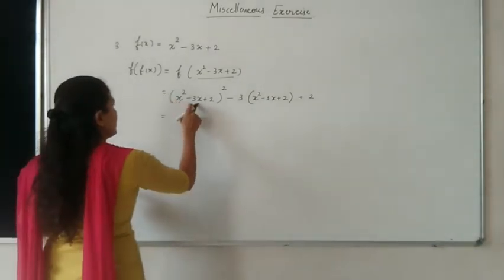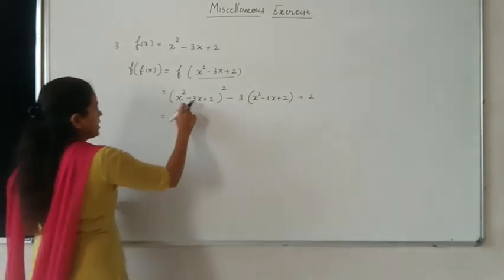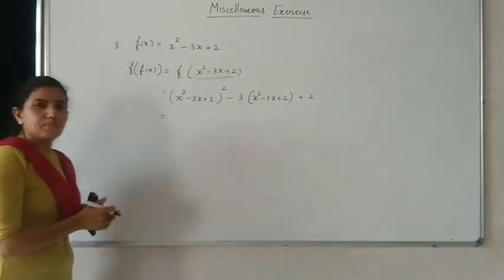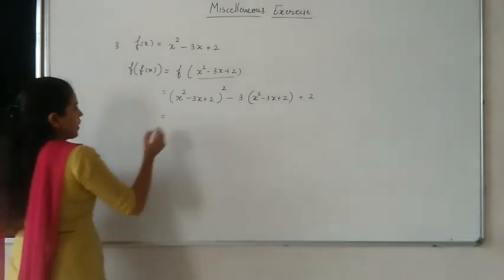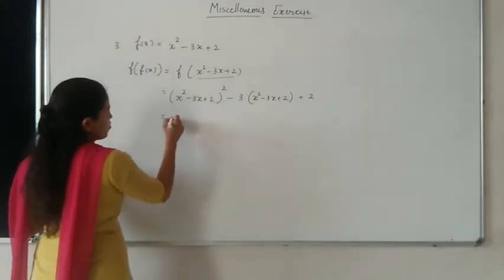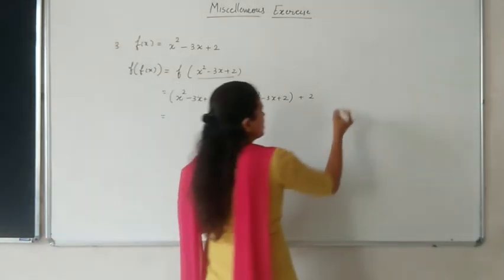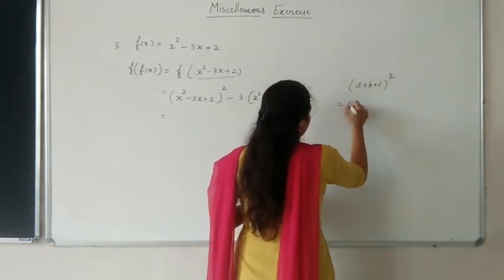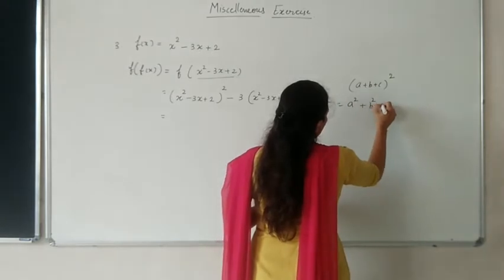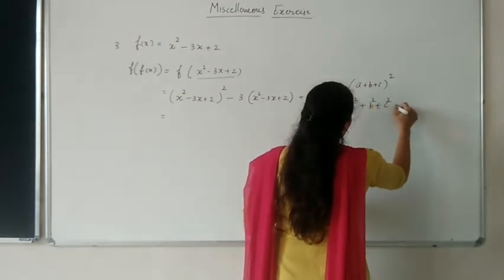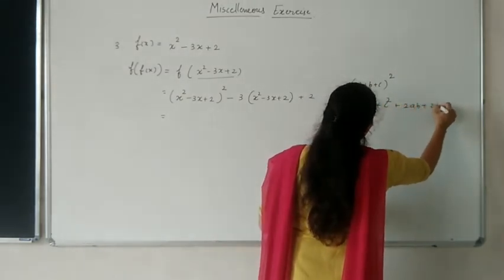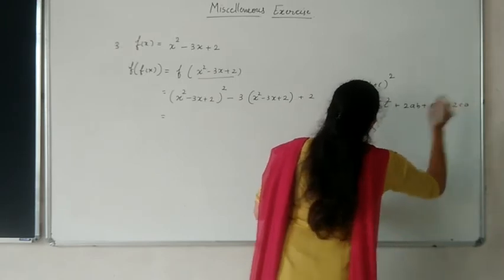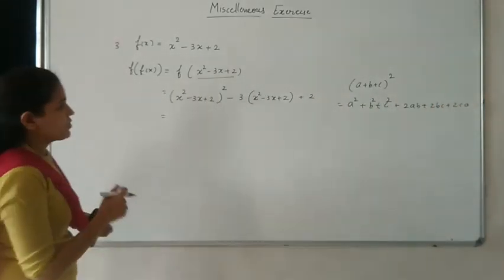So it is a minus b plus c, or you can take a plus b plus c whole square. The identity we are using is a plus b plus c whole square equals a square plus b square plus c square plus 2ab plus 2bc plus 2ca. Let me start with it.